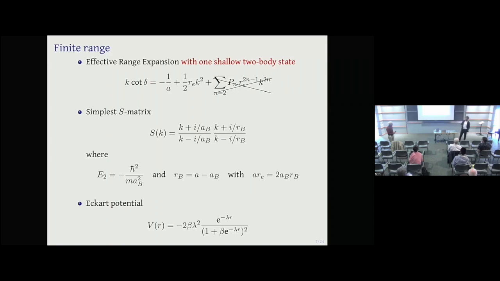Then there is Bargmann, who in the 40s had this nice paper where he does a kind of inverse scattering. He decides the form of the S matrix and constructs all the families of potentials which have this kind of S matrix, and the Eckart potential is one of these. So this is the simplest local potential. I think that you can also do it with a nonlocal potential, but this is the simplest local potential.